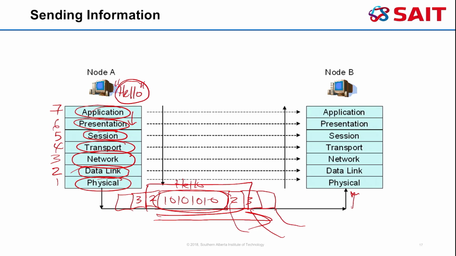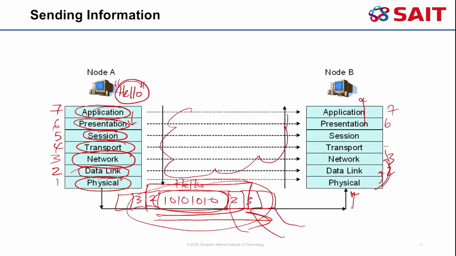So as we open up this frame of data, we're going to strip off the ones and zeros from the physical layer and pass them on up the stack. Layer 2 is going to be stripped, layer 3 is going to be stripped, layer 4, layer 5, layer 6, layer 7, until finally all the layers of the OSI model that were used to move this through the internet are removed.